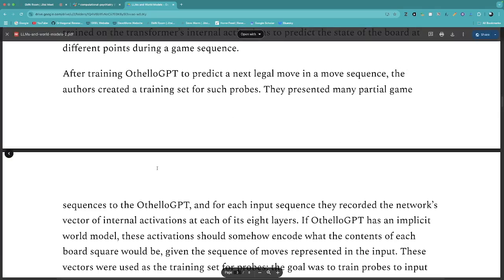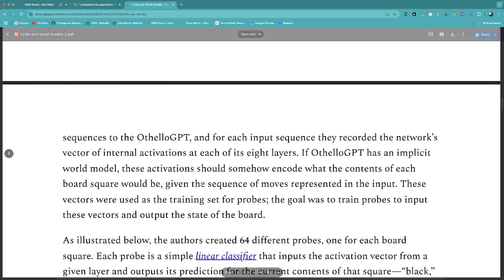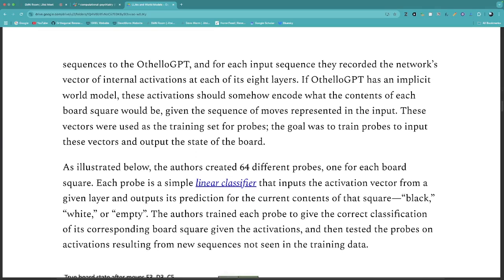They presented many partial game sequences to OthelloGPT, and for each input sequence, they recorded the network's vector of internal activations at each of its 8 layers. If OthelloGPT had an implicit world model, these activations should somehow encode what the contents of each board square would be, given the sequence of moves represented in the input.